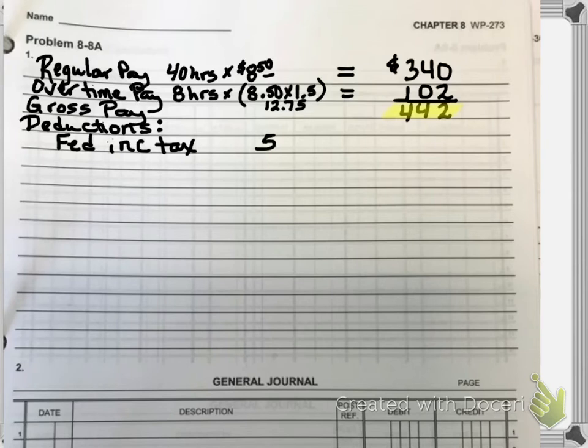Okay, and then the next type of withholding is going to be the Social Security tax. And remember that Social Security tax is 6.2% times the gross wages. There is a limit of $118,500, but in this problem it's January and he's making about $400 a week, so we know he's not anywhere near that limit.